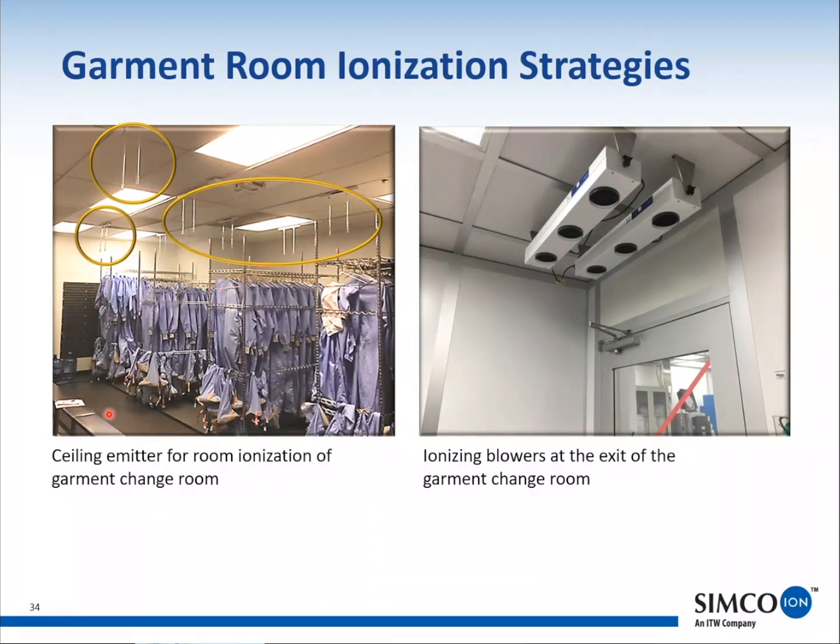We know this works because when a customer installs the system and turns it on, we get a call complaining that they have to clean their floor 3 or 4 times more often than before. All the particles are going on the floor instead of being carried into the clean room process. We also augment that with some ionizing blowers. These are the FPD blowers I mentioned that have a lot of airflow coming out of them. We can hang those above a door and put them at the entrance to the change room to start the process, and then finish it off towards the end.